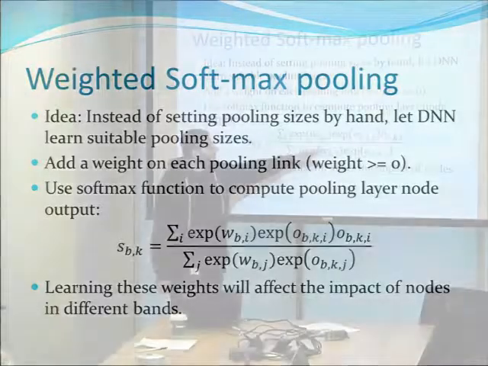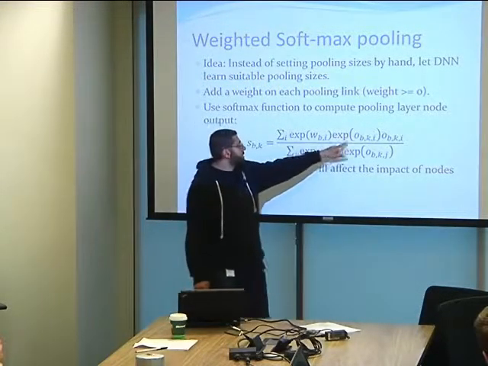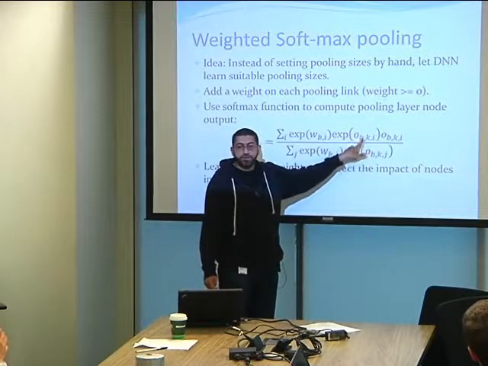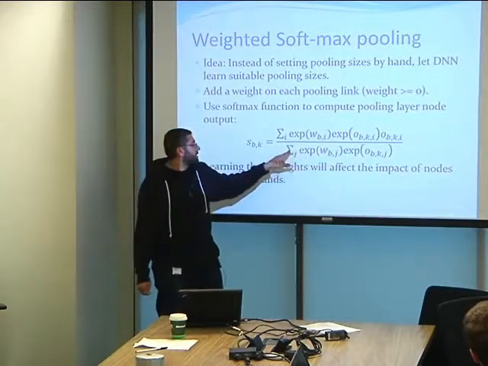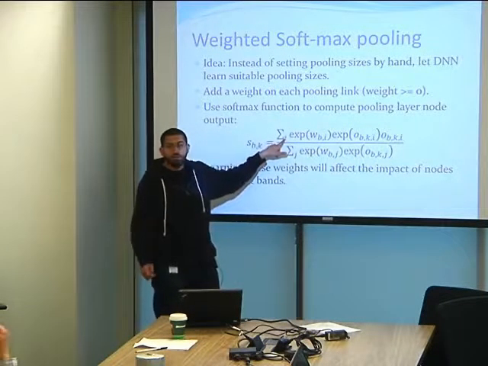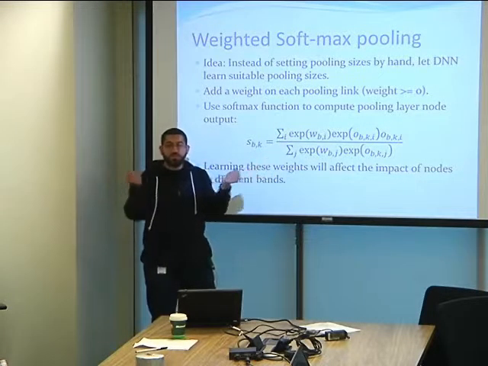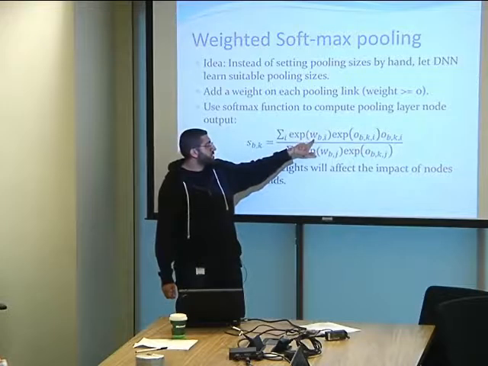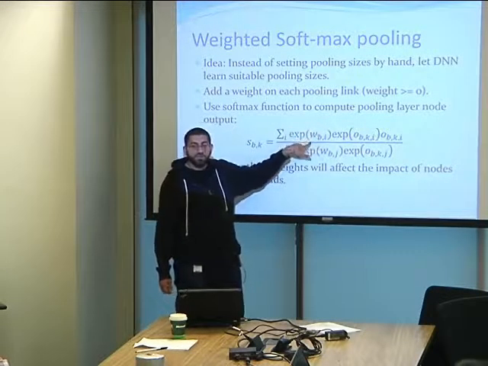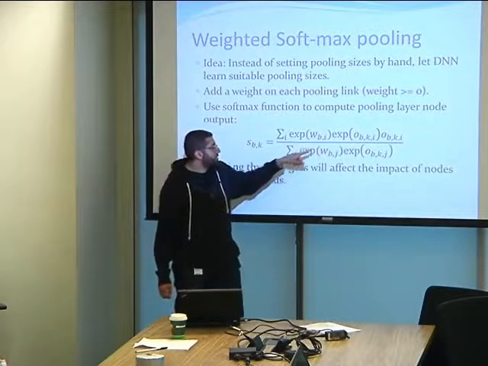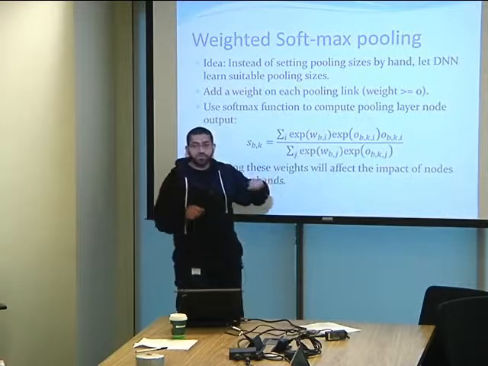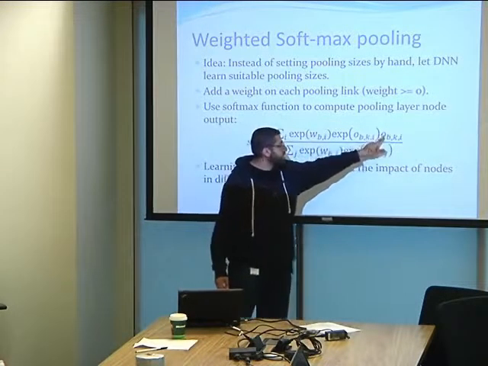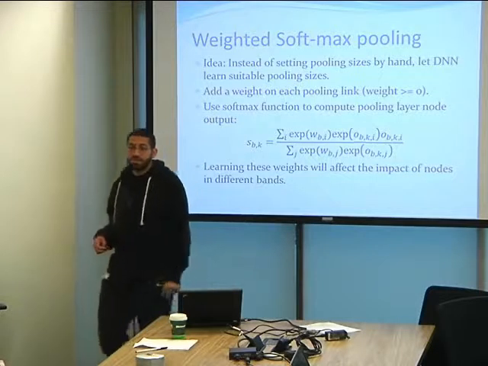Here these are the weights, and these are the outputs of the convolution layer. If I have pooling size 6, I have 6 nodes, 6 of these O's, and each one will be multiplied by exponential of W, then normalized over the total sum, and then multiplied by the node output.